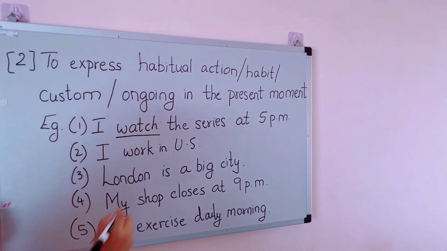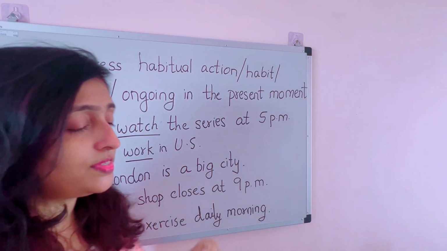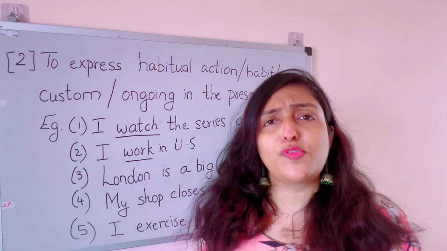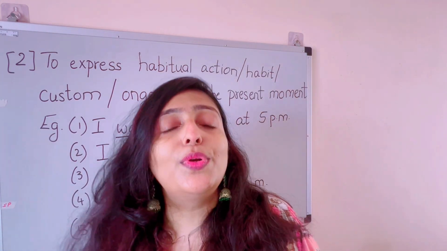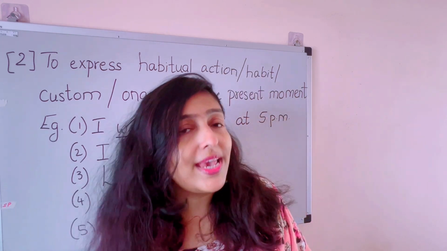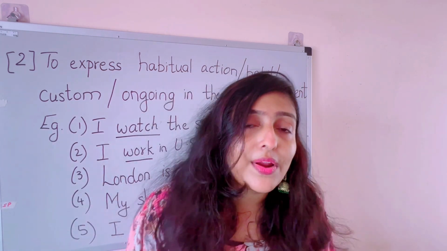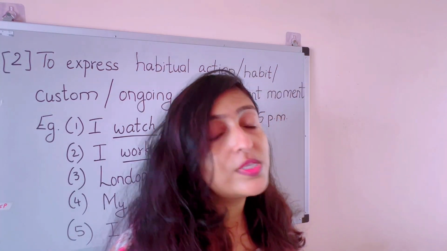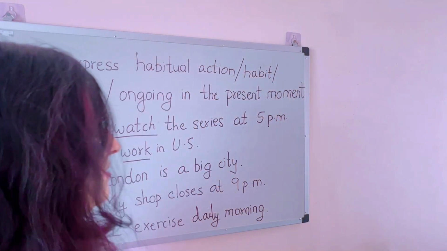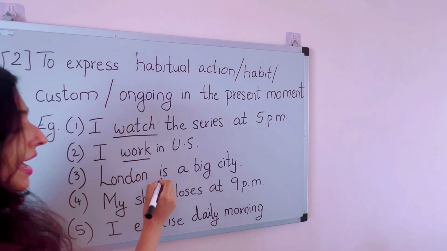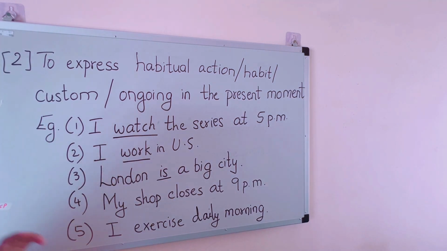Second example is I work in US. Someone asks you, what do you do for a living? You can reply, I work in US. I am working in US is not incorrect too, but preferably we use simple present tense. Now, third example is London is a big city.